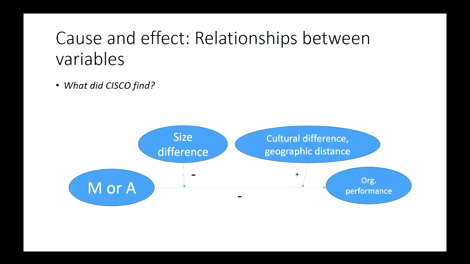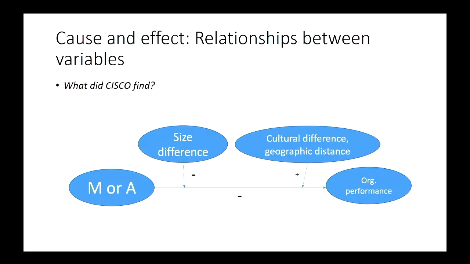So they found that it is a negative relationship, but if the merger or acquisition is between different sized companies, the negative effect is weaker, which means it's more likely to be successful. Does that make sense? The main relationship, or main effect as they call it, is negative.